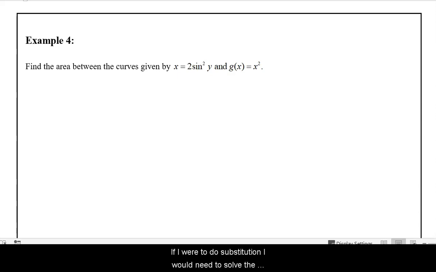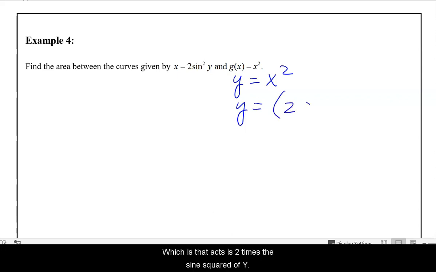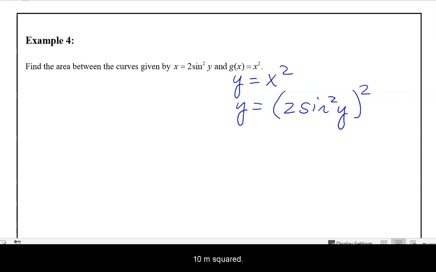If I were to do substitution, I would need to solve the second equation and write it as y equals x squared, and replace the x with what we have in the first curve, which is that x is 2 times the sine squared of y, and then square it. Unfortunately, if I do this, I end up with y both inside the trig function and outside the trig function. It will be impossible to solve this for y.